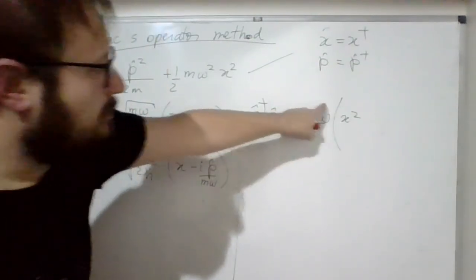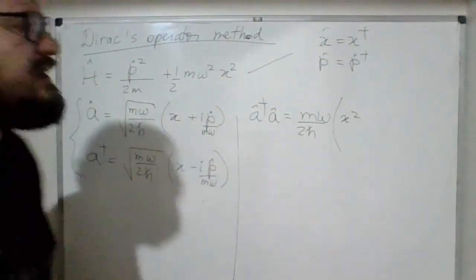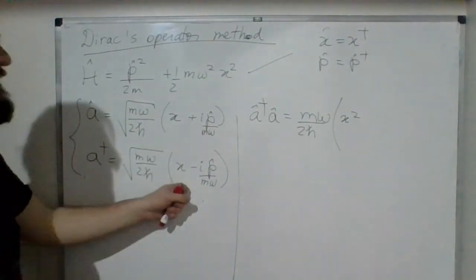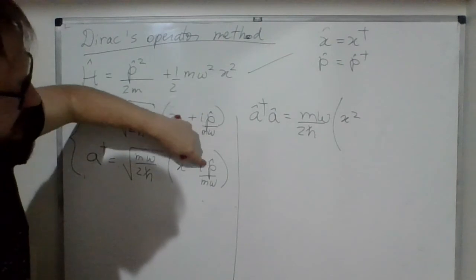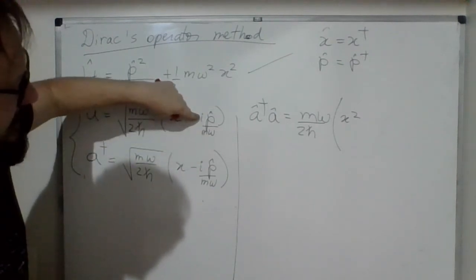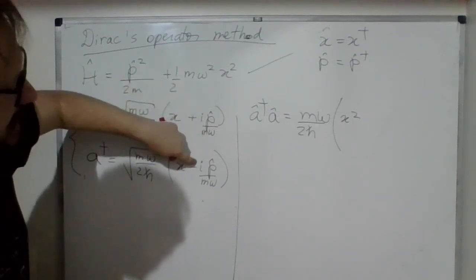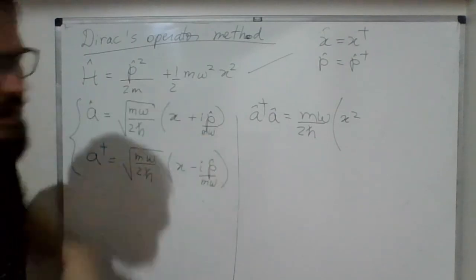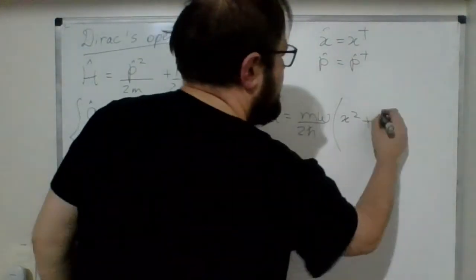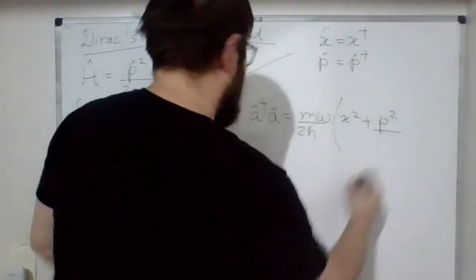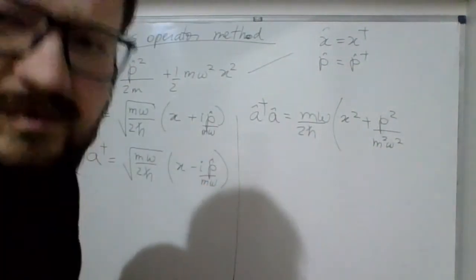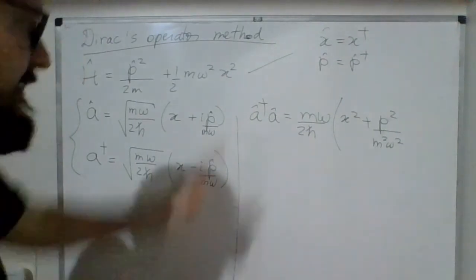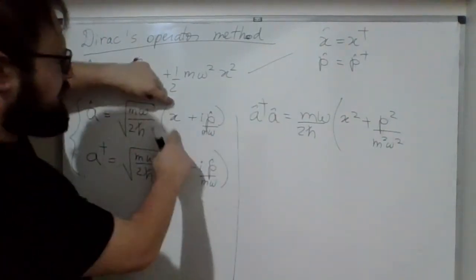So m omega divided by twice the h bar, so we have x squared. The second factor, which is p times p, I times minus I, you'll find out minus I squared is a plus, so plus p squared divided by m squared omega squared, but it just doesn't end at that point because I have the products.